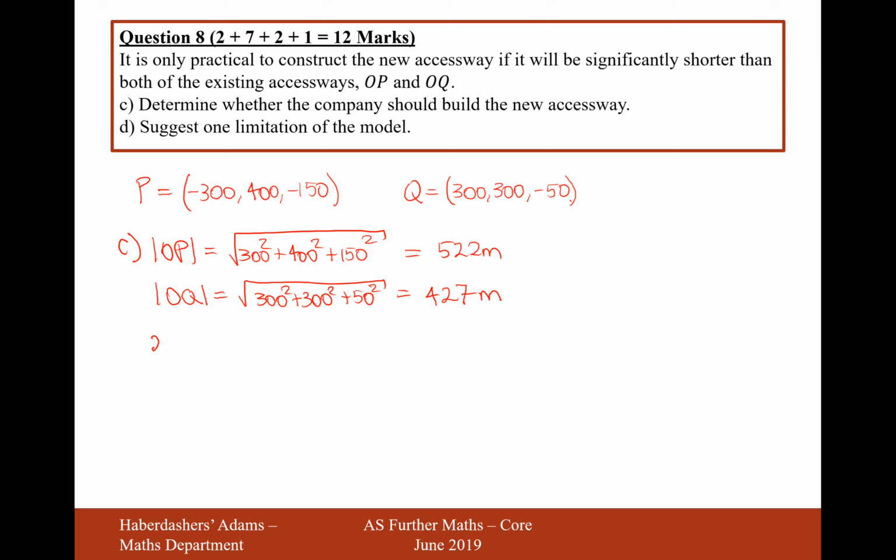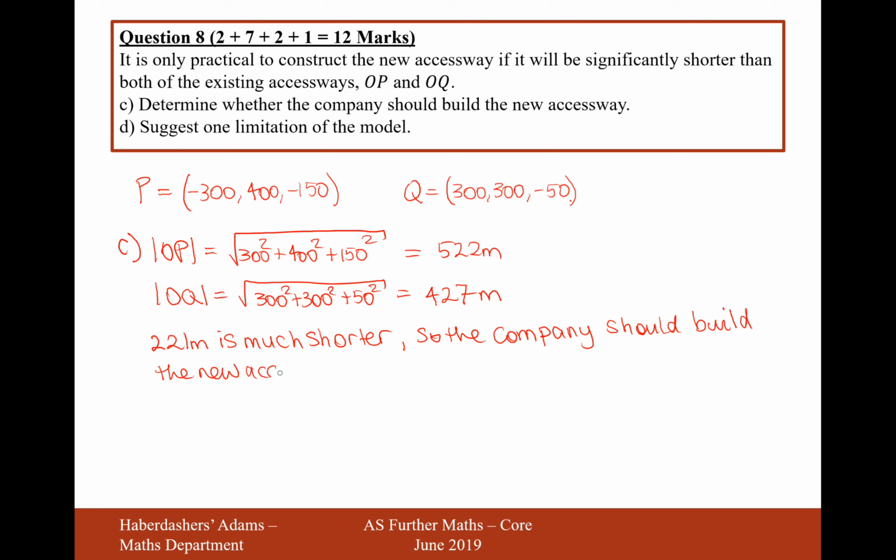So 221 is much shorter. So the company should build the new accessway. And there we are, that's the answer to part C.